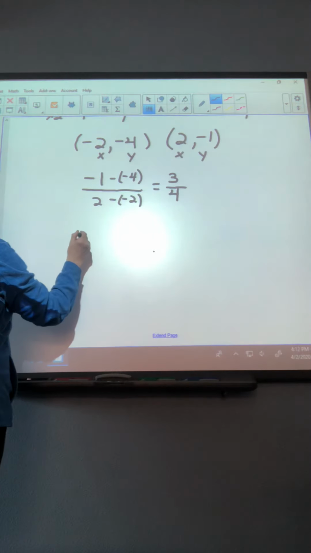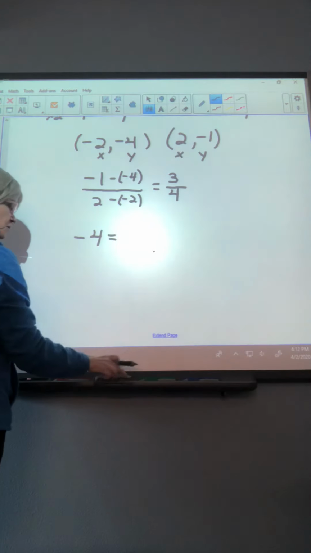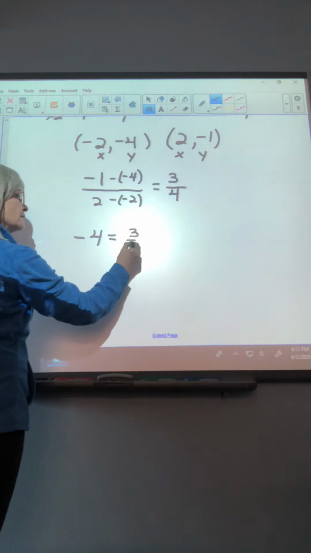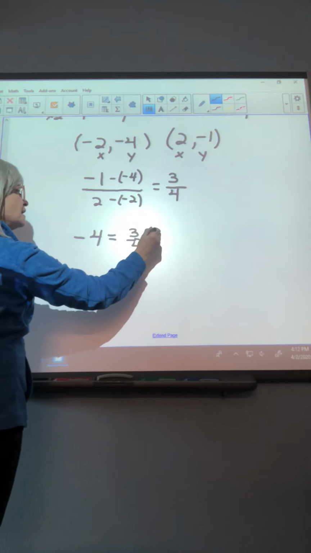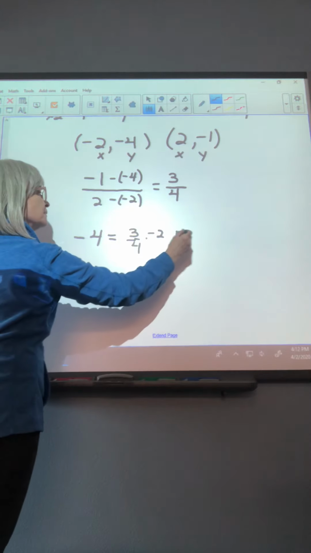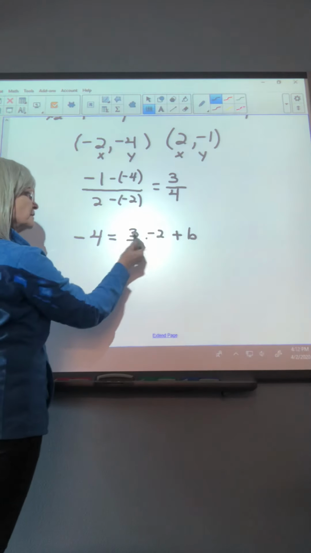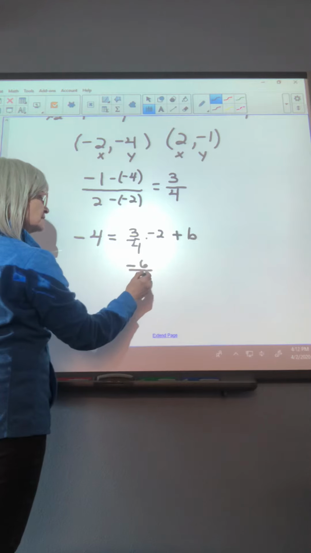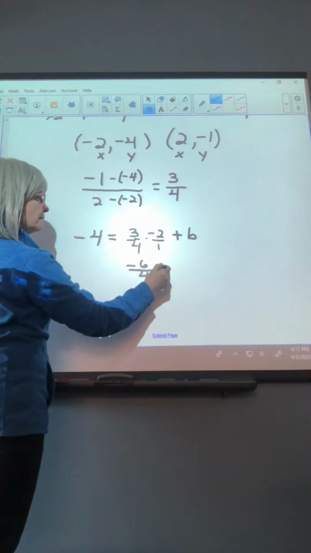So instead of writing the y, I write a -4, and that's equal to, the slope was 3/4, the x is a -2, so this is times a -2, and then plus b. So again, we're solving for b. We start by multiplying. So 3 times a -2 is a -6. 4 times 1 is just 4.